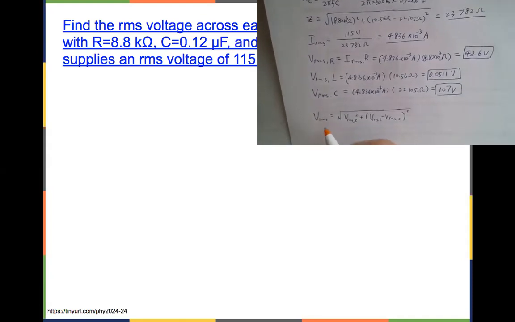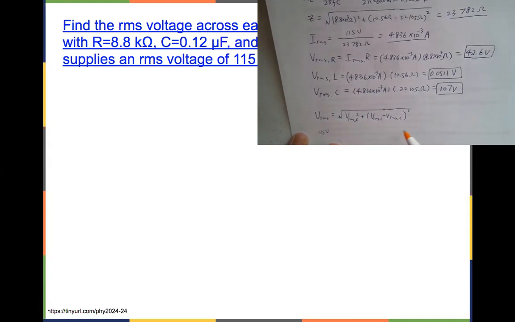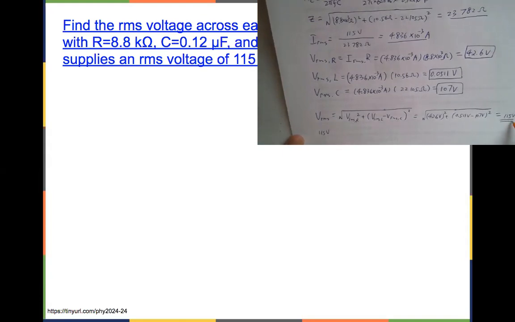This is given, so we know it is 115 volts on this side, and the right-hand side should also be equal to 115. So if we verify that, plugging in the numbers, the square root of 42.6 volts squared plus (0.511 minus 107) squared, it tells me it's also 115 volts.